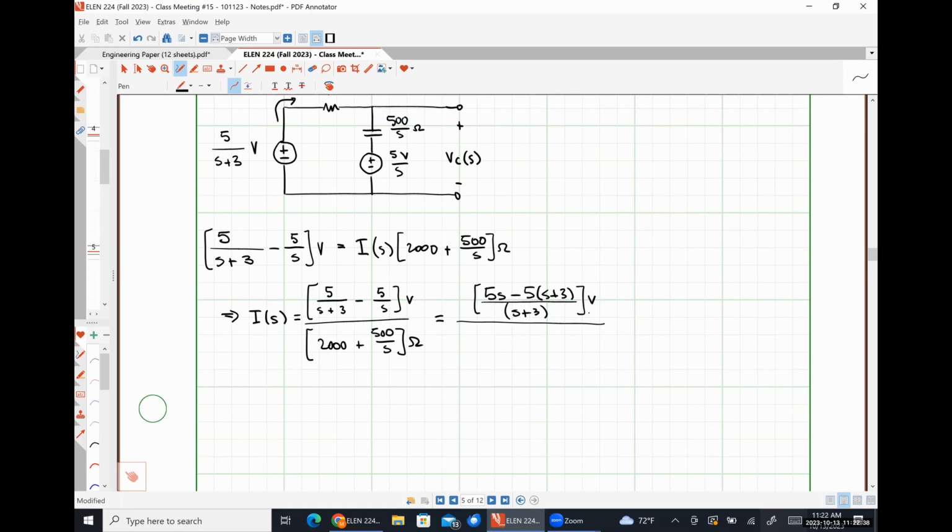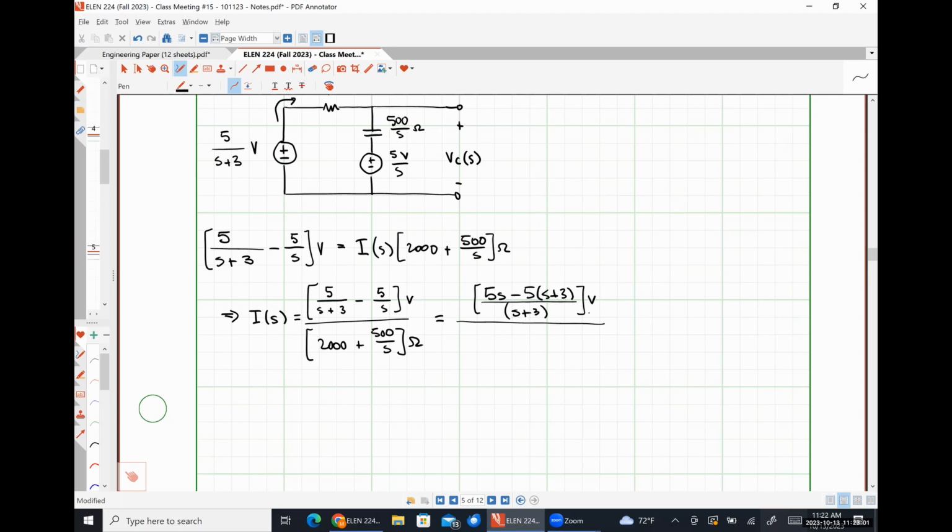I'm sorry, what? The S. Yeah, the S. So you multiply the top by S, so the 5 over S plus 3, multiply by S, it multiplies the top. Why would I?